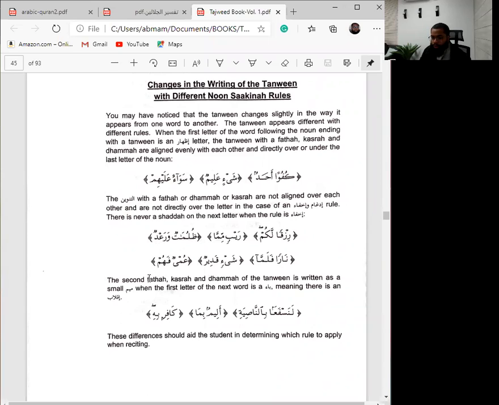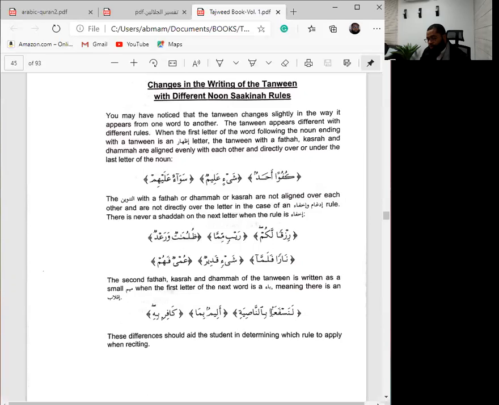فهم. The second fatha, kasra, and dhamma of the tanween is written as a small meem, and the first letter of the next word is a ba, meaning there is an iqlab. And this kind of exemplifies how the second vowel of the tanween is the noon indicator.